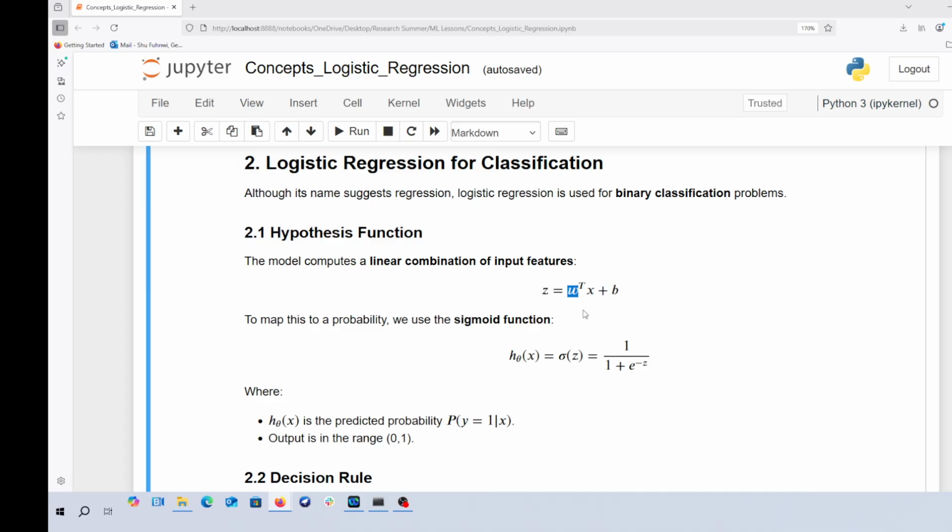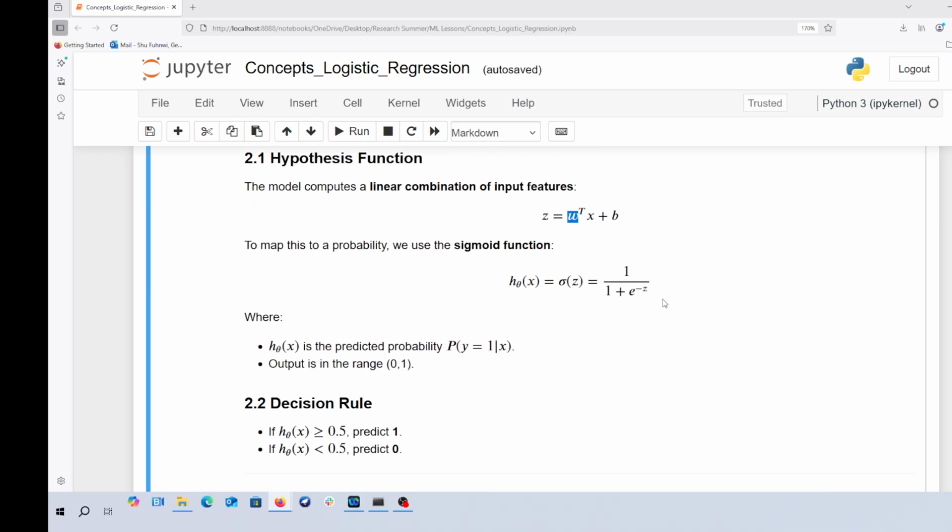Now, in some textbooks, you won't see 1 over 1 plus e to the minus z. You are going to see something like e to the z over 1 plus e to the z, because if you use some basic knowledge in mathematics, it will simplify to what I just mentioned.